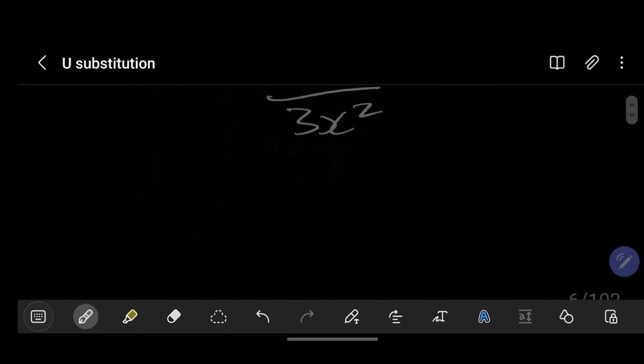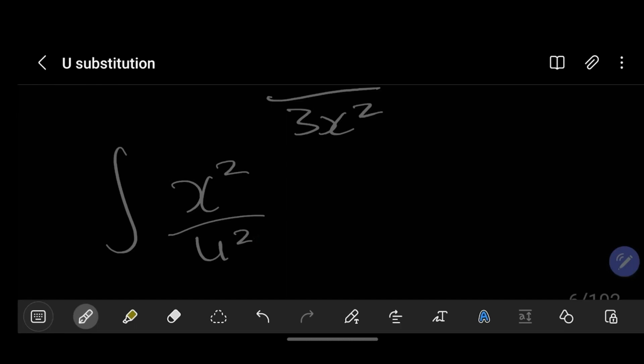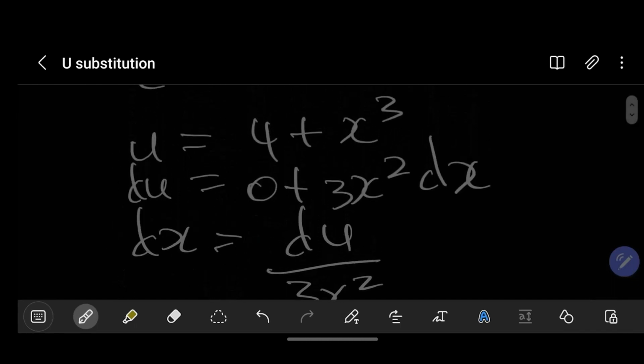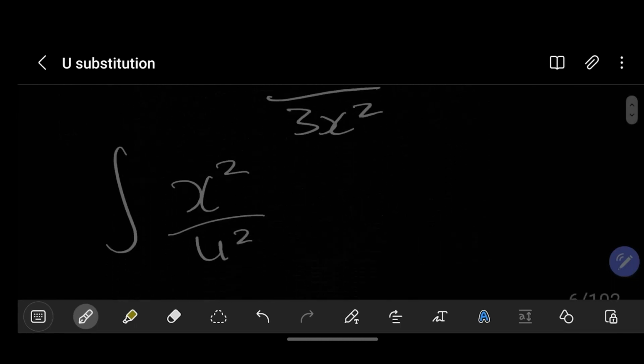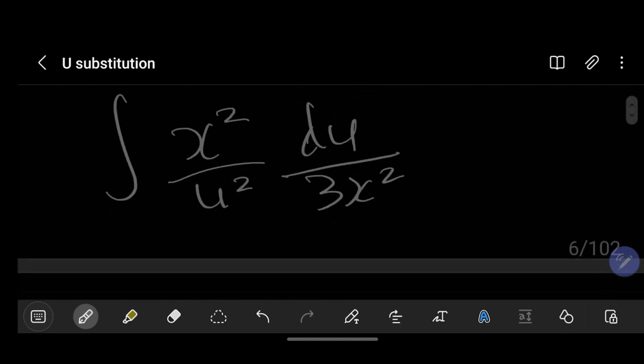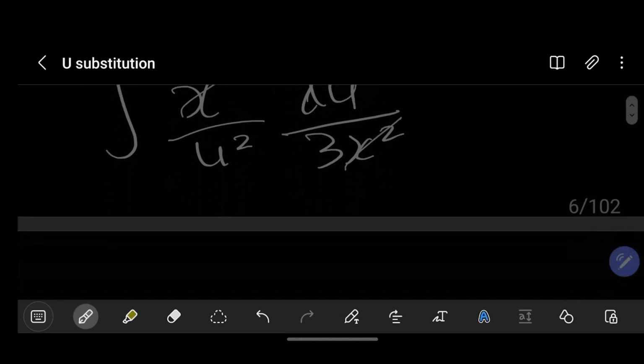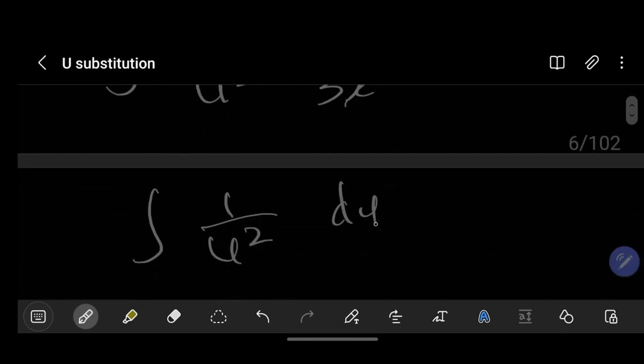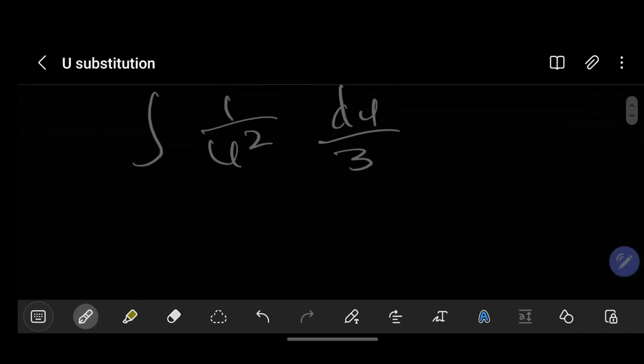If we substitute in terms of u, we have x squared over u squared du all over 3x squared. We can see the x squared and the x squared will cancel out, so we now have the integral of 1 over u squared du over 3, and this can be rewritten as 1 by 3.